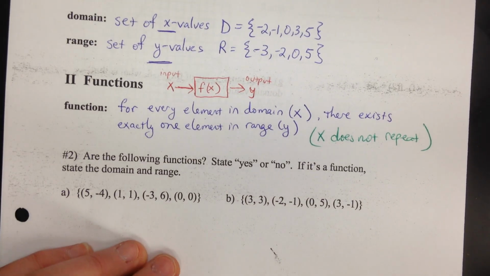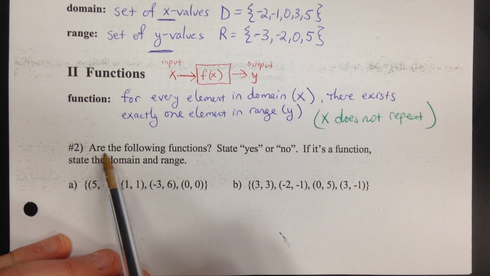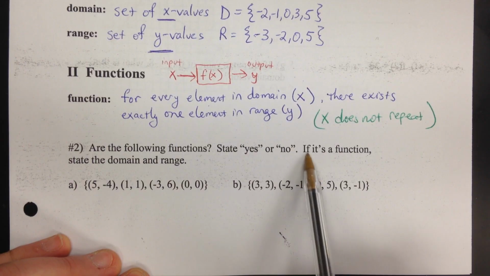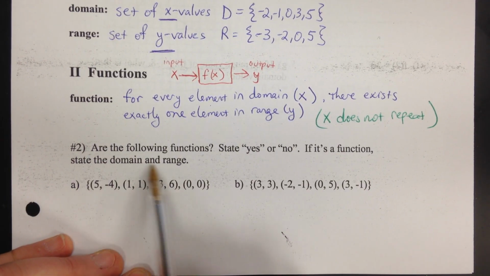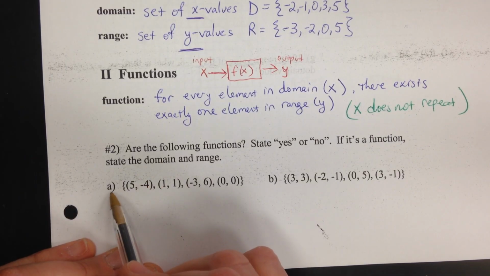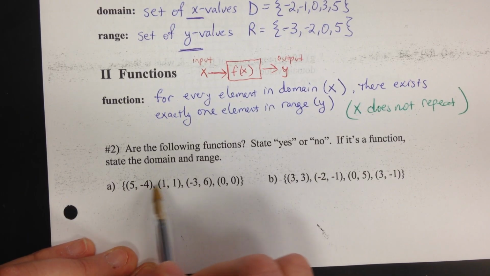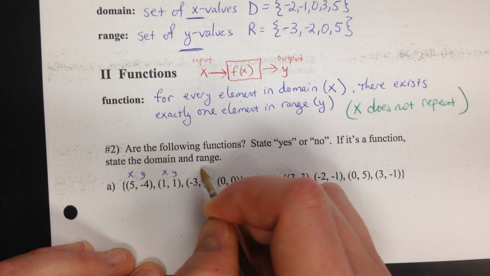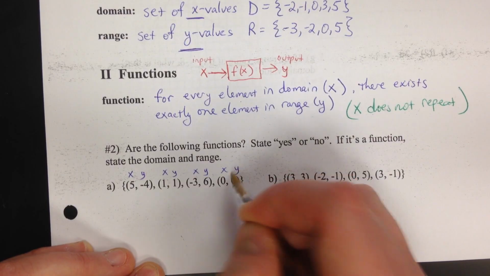Okay, so at the bottom here, number 2, are the following functions? State yes or no. If it's a function, state the domain and range. Okay, so there's really 2 parts to this. In part A, we have a set of points, a set of ordered pairs. I'm going to label xy, xy, xy, xy.